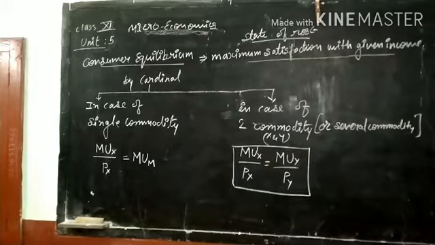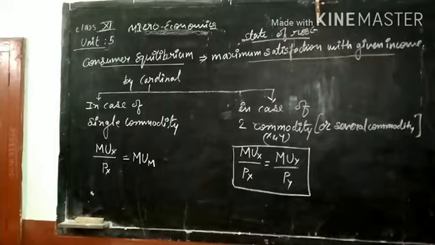Marginal utility of money refers to rupees worth of satisfaction that the consumer expects to get by spending 1 rupee.